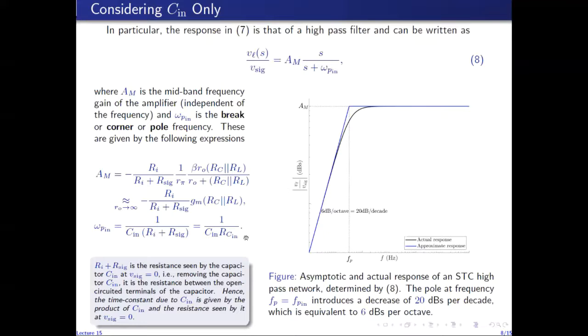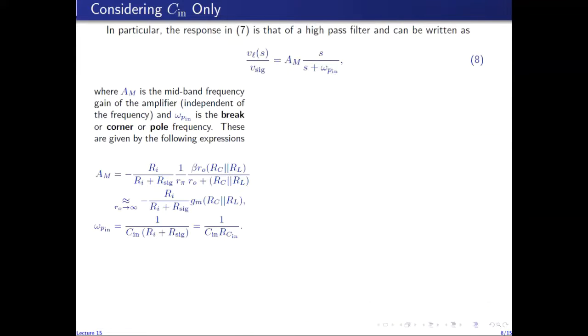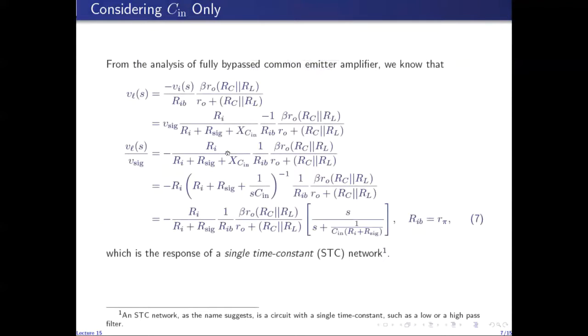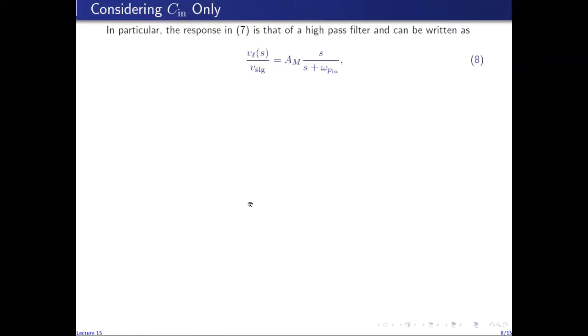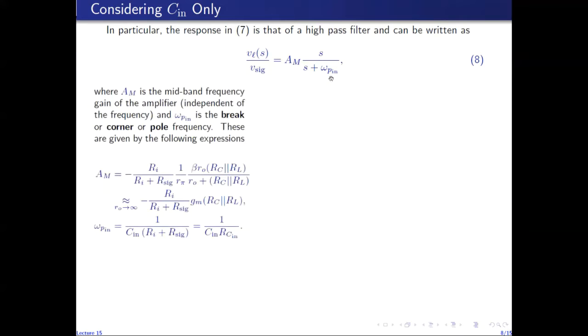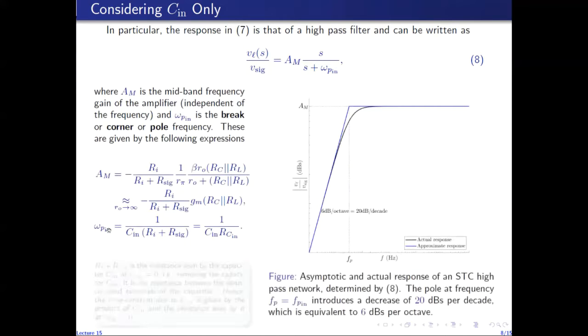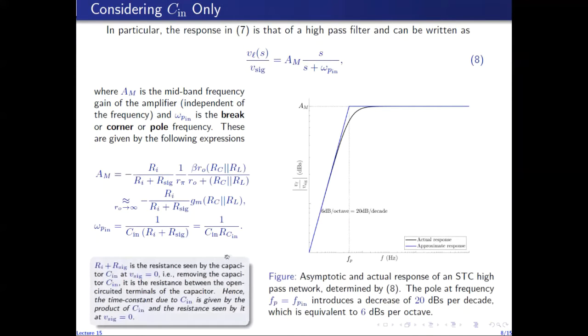This helps us in avoiding this analysis, and by simply writing the response like this, we can quickly find the pole frequency as the inverse of the time constant associated with the capacitor under consideration. And that time constant is found by multiplying the capacitance of the capacitor with the resistance seen by the capacitor at V sig equal to 0.